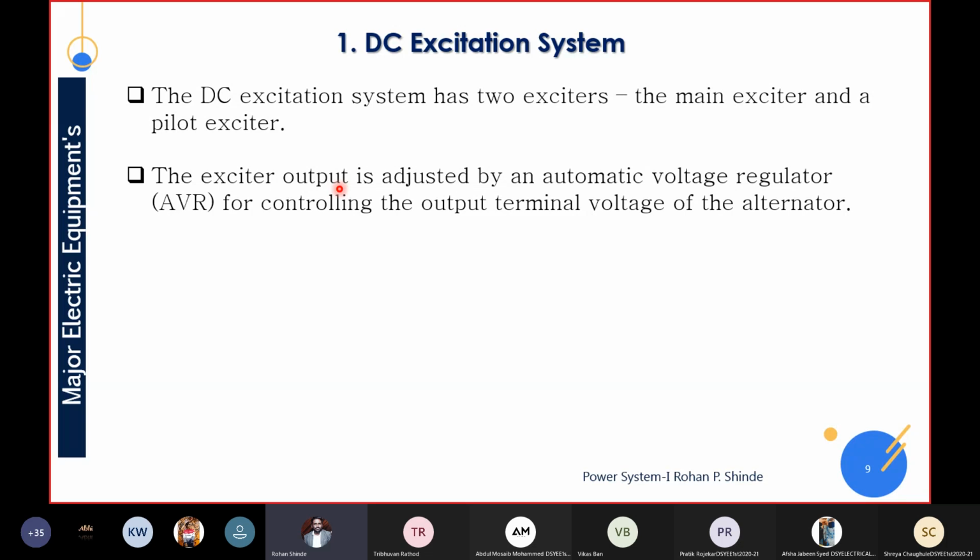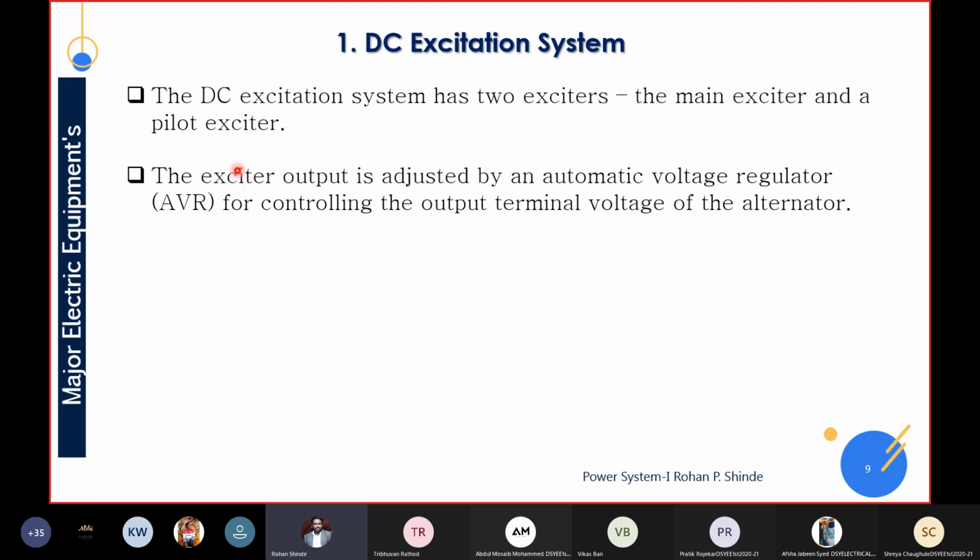The exciter output is adjusted by the AVR. We know that excitation is a device. If we have placed this excitation device across a synchronous generator or alternator, the output of the exciter is nothing but the cause which produces the rotation of the synchronous machine.